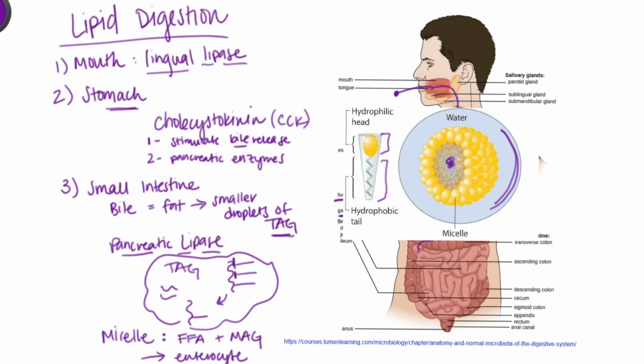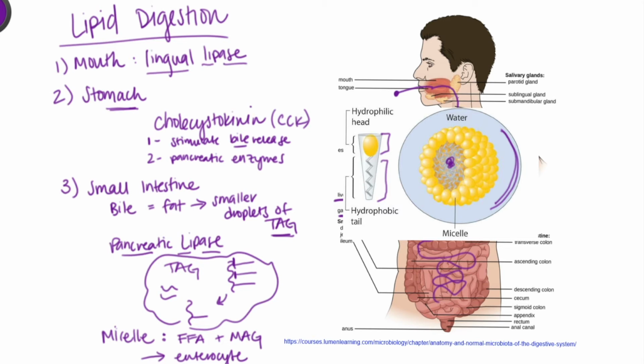So this micelle formation is actually taking place all throughout the small intestine, and then we're going to see absorption of all of the pieces of the micelle. When the micelle makes it to the enterocyte, you're going to see it disassemble itself so it can absorb all of the different components into the enterocyte.